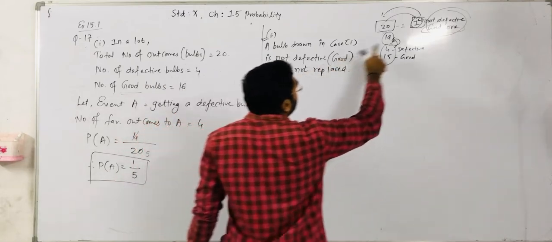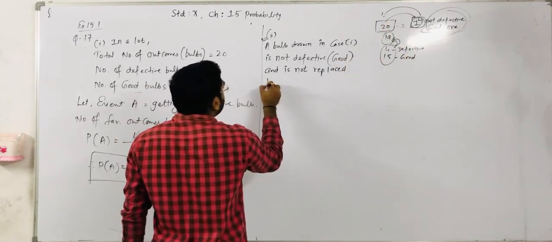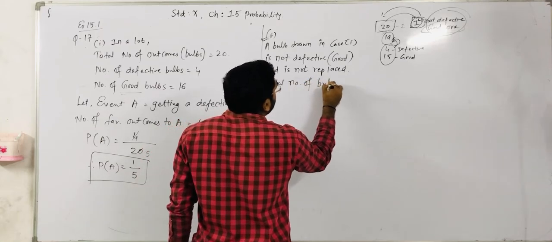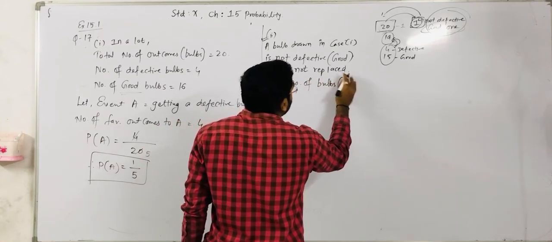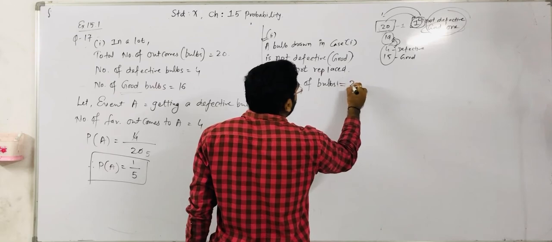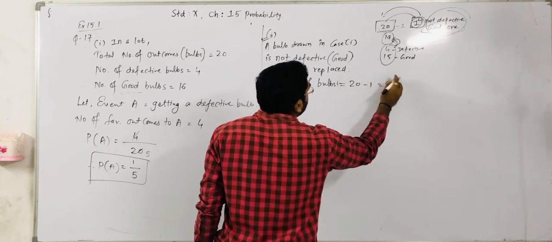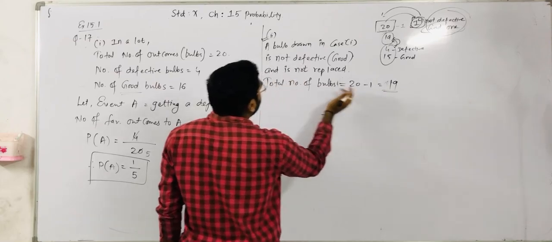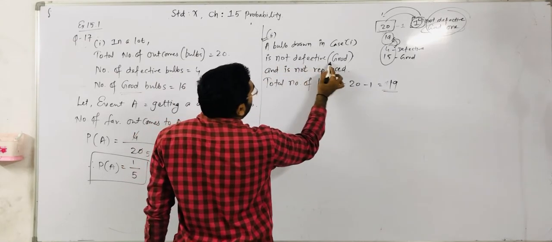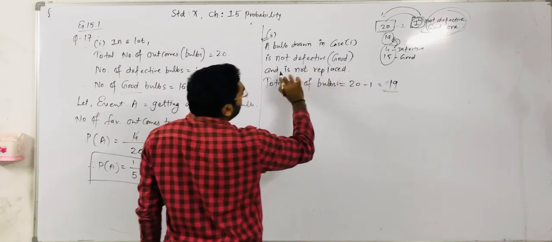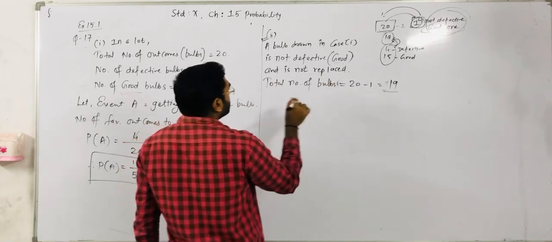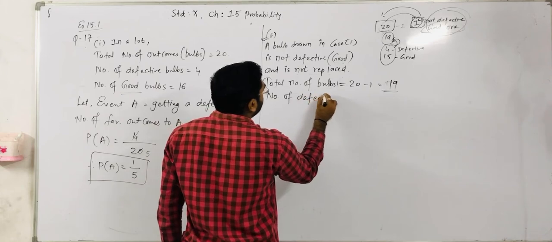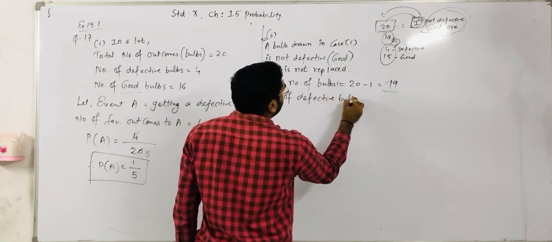If you do not replace the good bulb, then the total number of bulbs now in the lot is how many? 20 minus 1, because we take the bulb outside and do not replace it in the lot, so we get 19. In these 19 bulbs, the number of defective bulbs is how many?